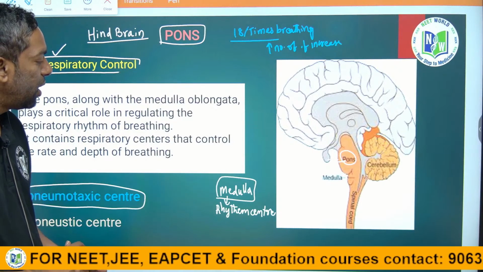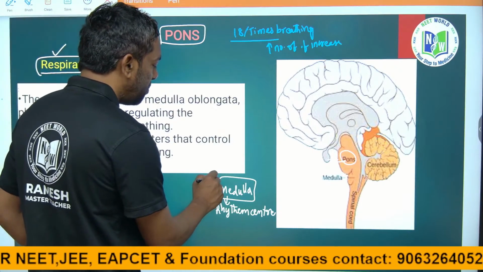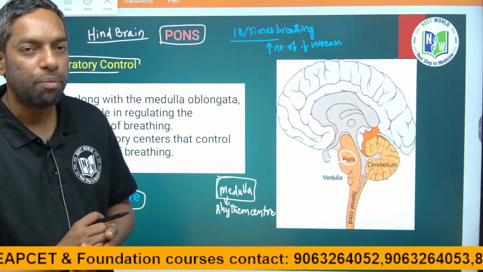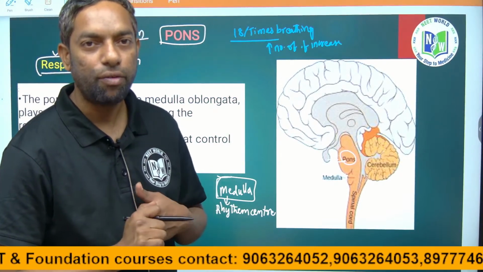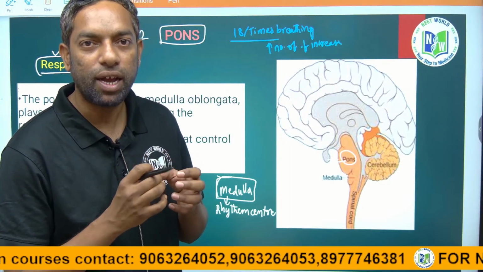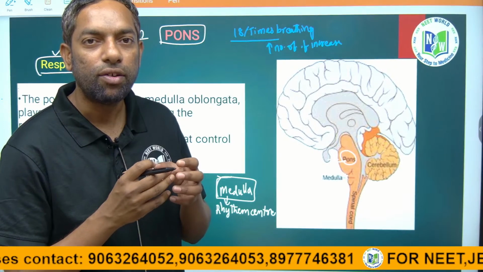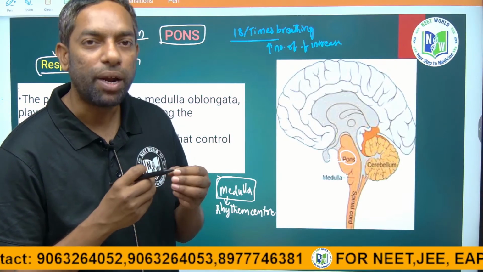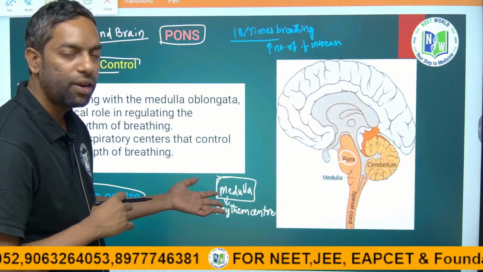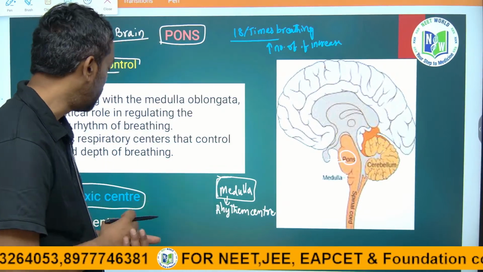Consider any abnormality of breathing: when gas enters into the alveoli, if they hold the oxygen for a long time, there is a chance of breakage of alveoli. So in that condition, continued breathing takes place in the medulla.